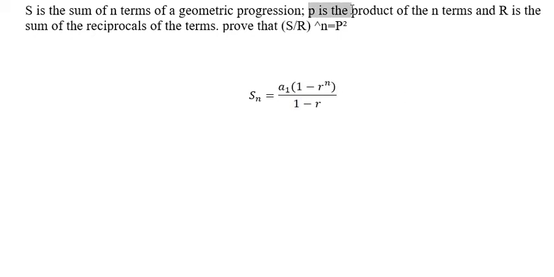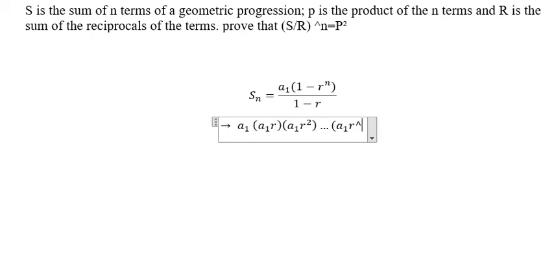Next, b is the product of the n terms, so we have a1 multiplied by a1 r, a1 r squared, and so on until the term a n, that is a1 r to the power of n minus 1.